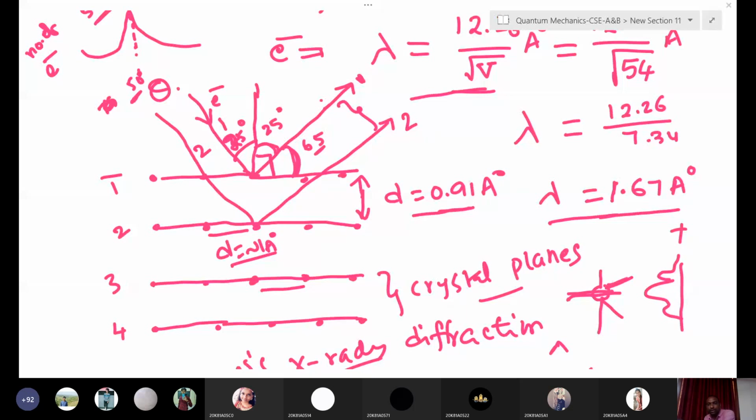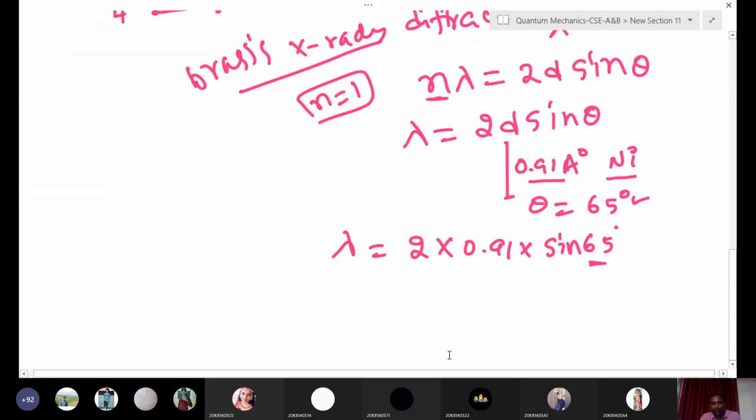Okay, so at this substituted value, what is the value here? Just calculate it. What is sine 60? If you don't have a calculator, just recall the sine 60 value. Root 3 by 2.